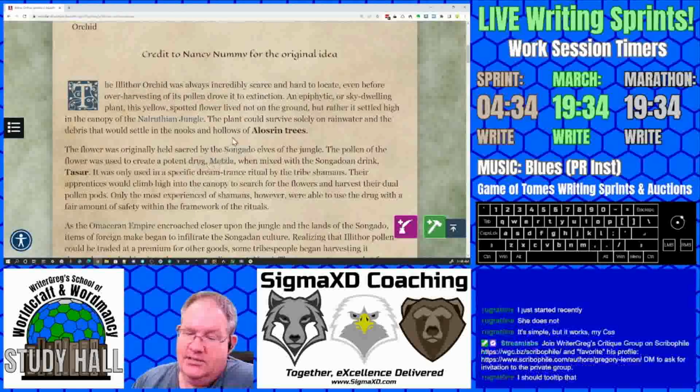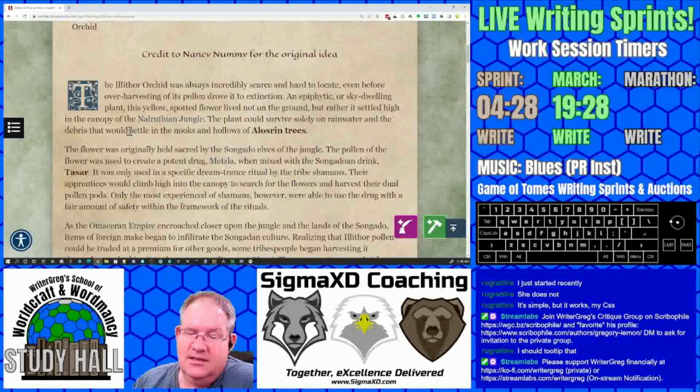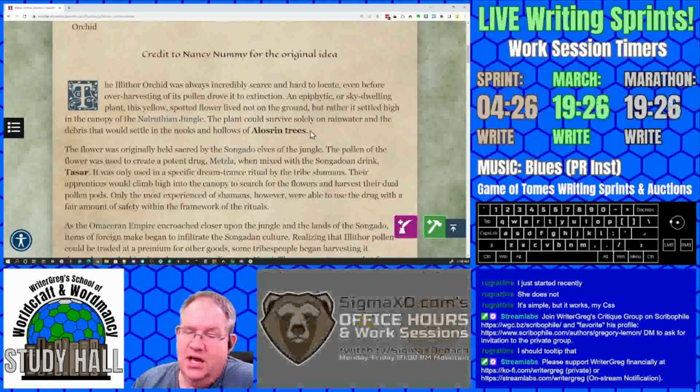The plant could survive solely on rainwater and the debris that would settle in nooks and hollows of allosaurine trees. Tooltips are wonderful. I don't know that word.